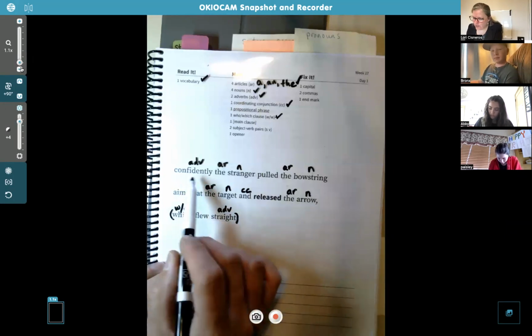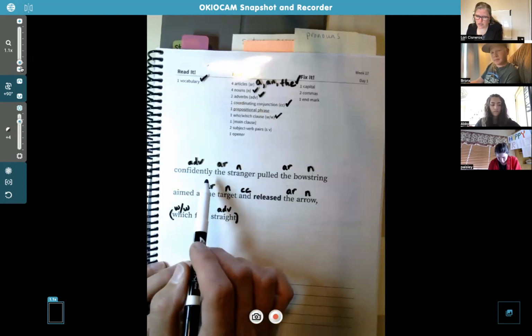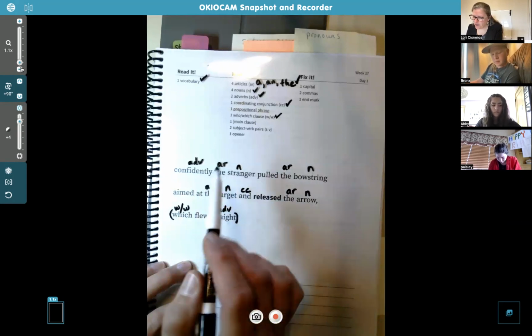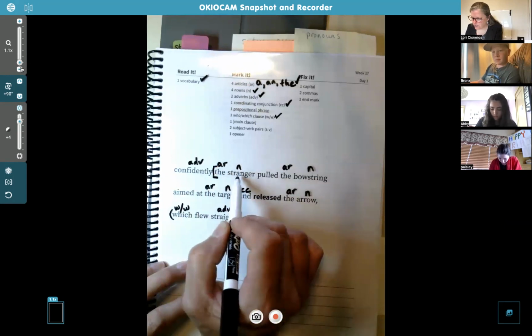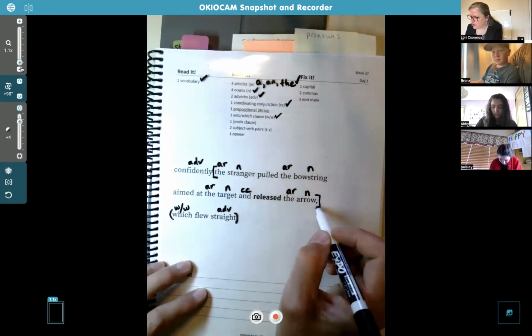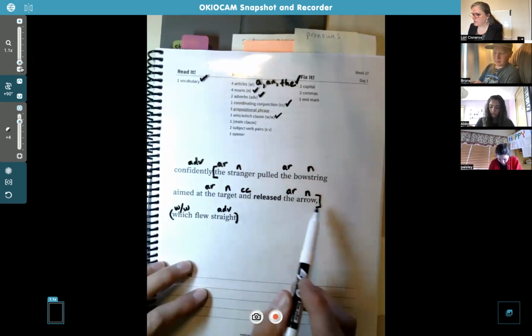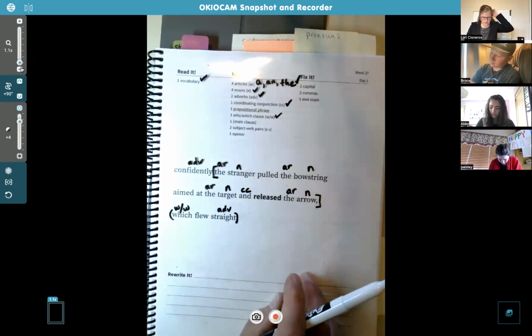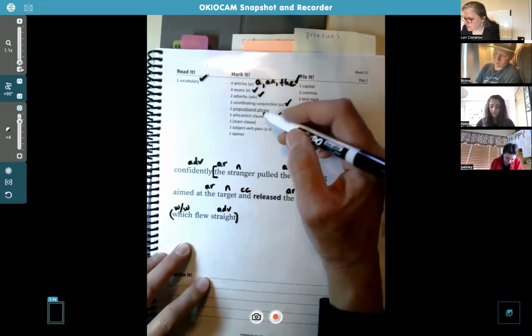Okay, so confidently is actually the opener, so we're not going to count that as part of the main clause, but you're right. The rest of that, starting with the stranger all the way to arrow: the stranger pulled the bowstring, aimed at the target, and released the arrow. That is the main clause. So you had it. You just included the opener, which you didn't need to do.